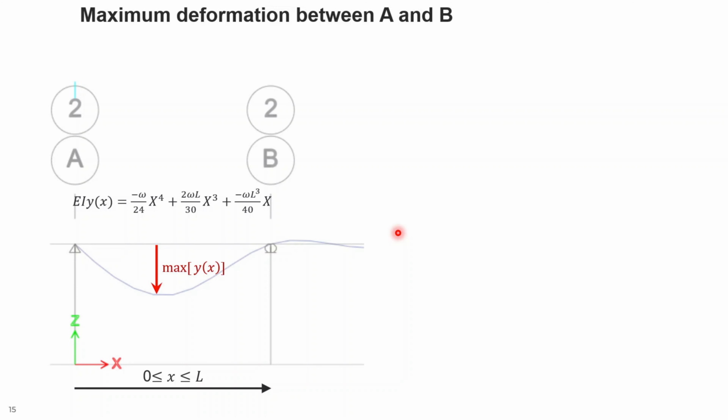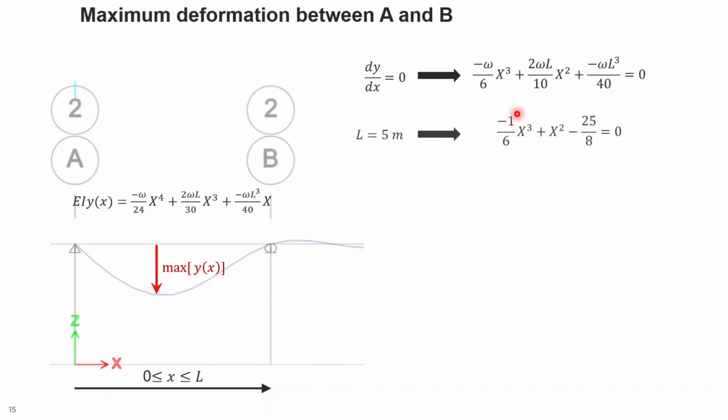For that purpose, I want to calculate the maximum of y(x), and you can just set the derivative to 0 to calculate the relative maximum value of the function. So the derivative of y versus x should be 0, and you should solve this equation here. However, this is a cubic equation, a polynomial of degree 3, which is not very easy to solve.